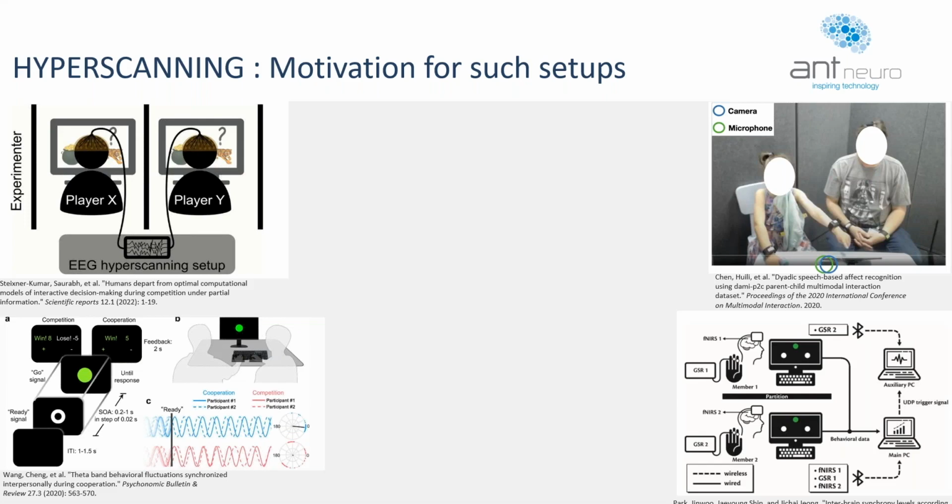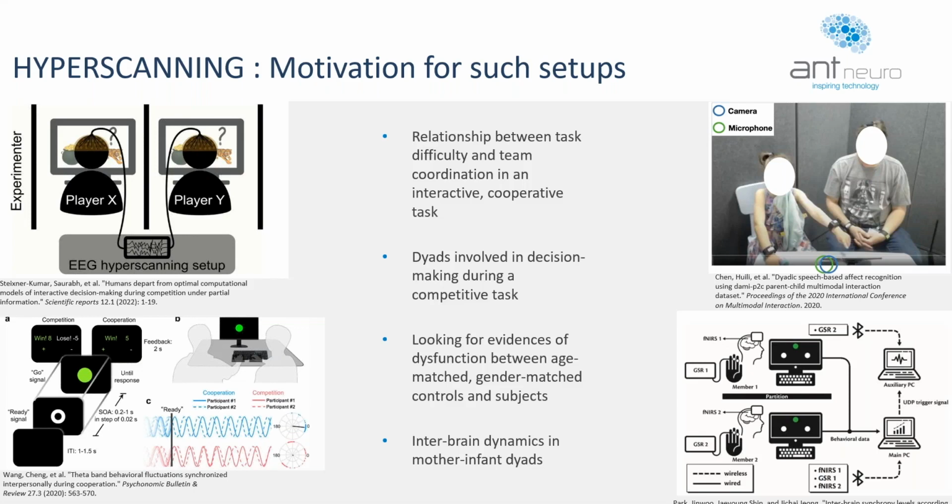So the four pictures that you see here give you an overview of the kind of setups that could be motivated by hyperscanning studies. I do have a little bit of an overview of the different kinds of studies that exist in literature. Like I said, first, it would give you an idea of the relationship between task difficulty level, team coordination level, and mental workload in an interactive environment.